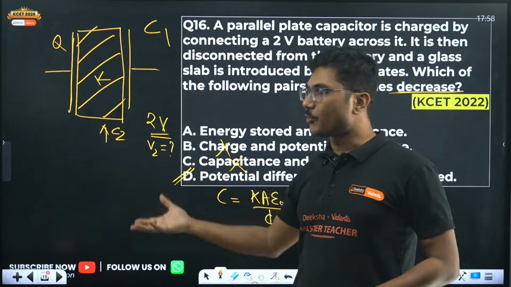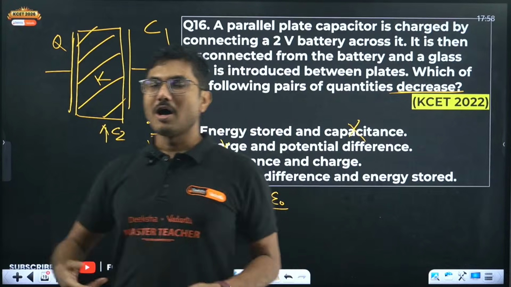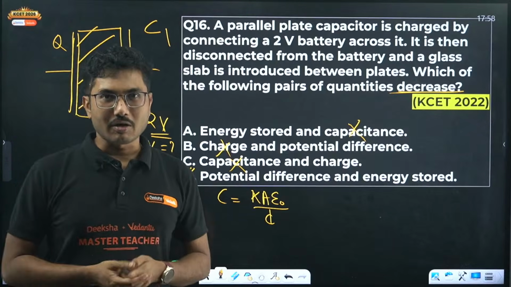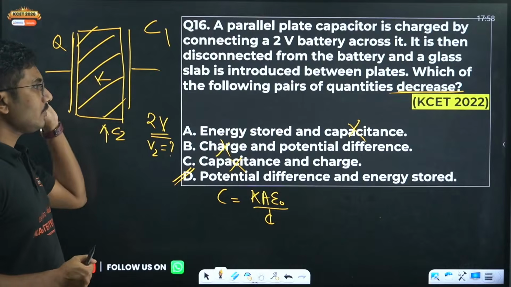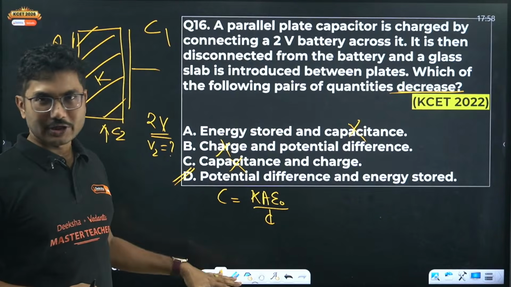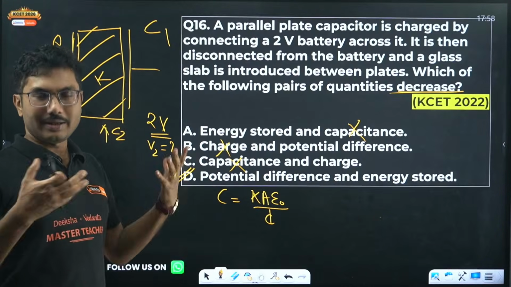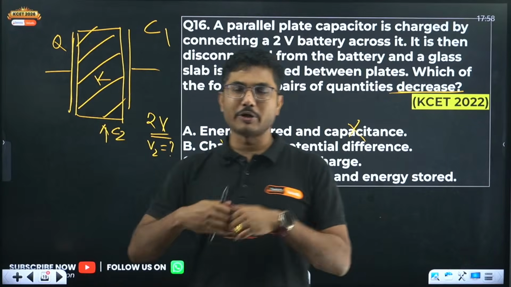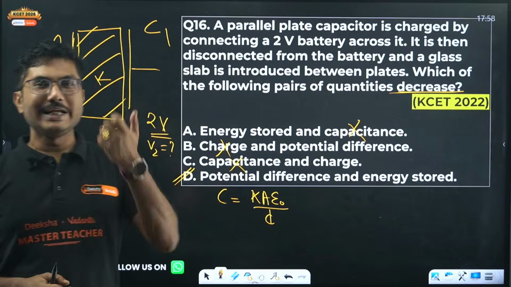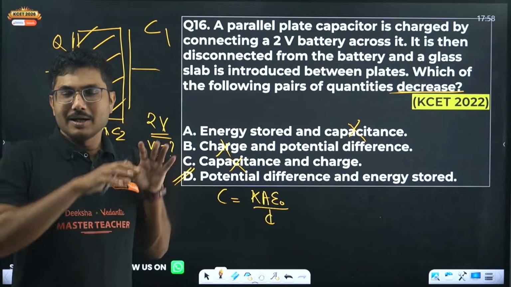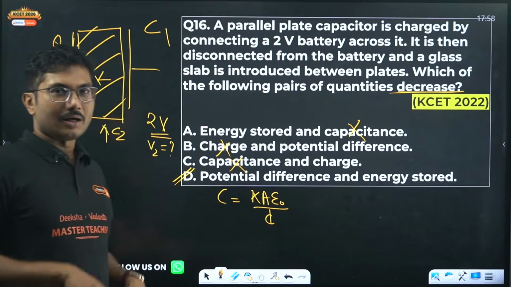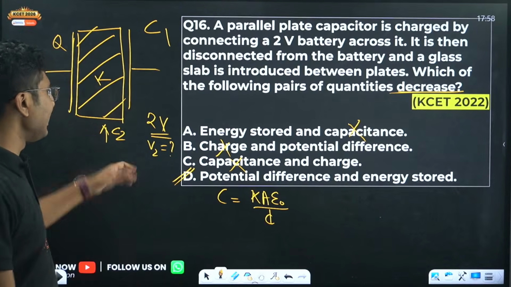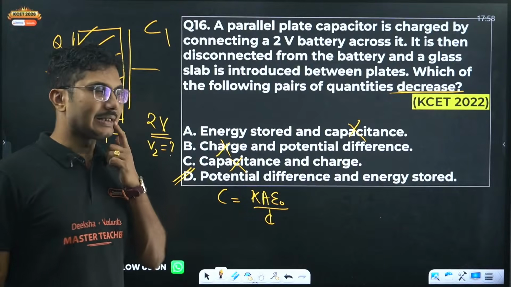It wants to eat a lot of food, so its potential decreases. Energy stored also decreases, because now it wants to gain more energy, but at present the energy has actually decreased. V decreasing means energy decreased.